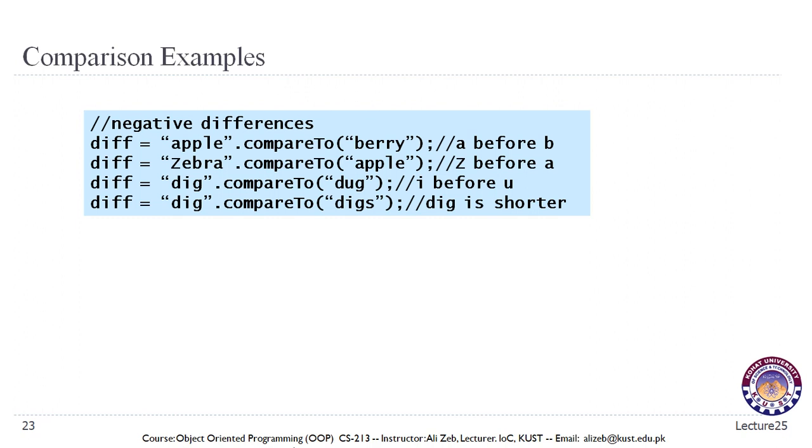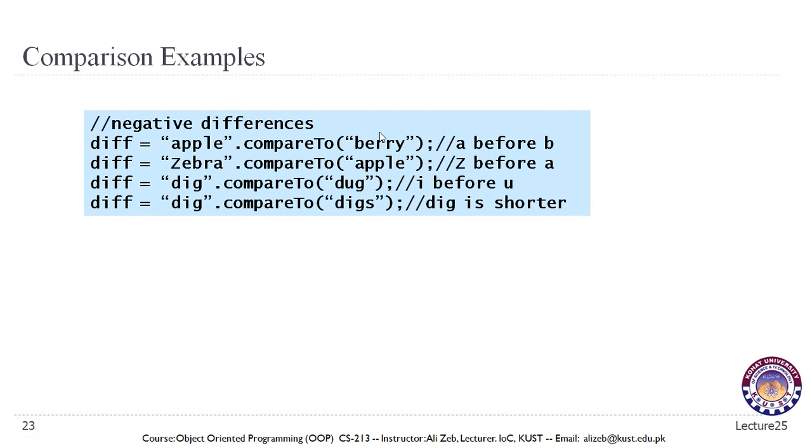Comparison examples, let's say apple.compareTo(berry). We can go to the ASCII values of these characters if you want to go into the detail of how this comparison is done. But we can look at these characters in the string and figure out how the comparison is done.